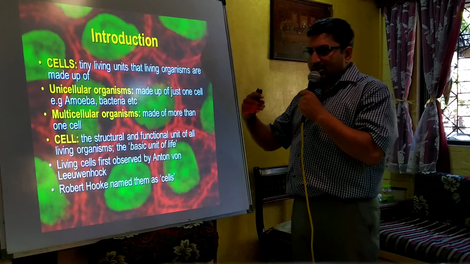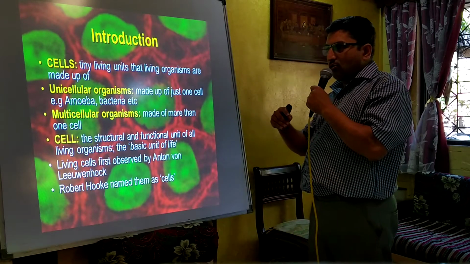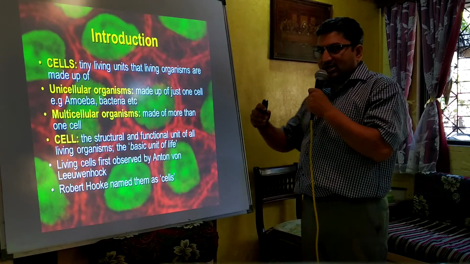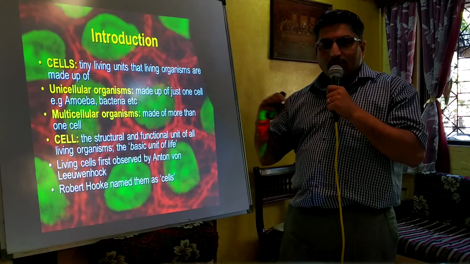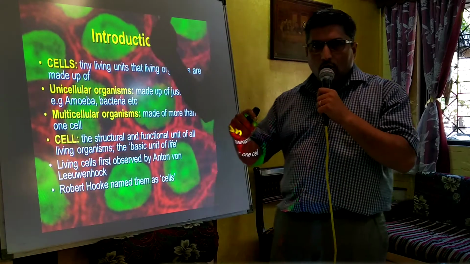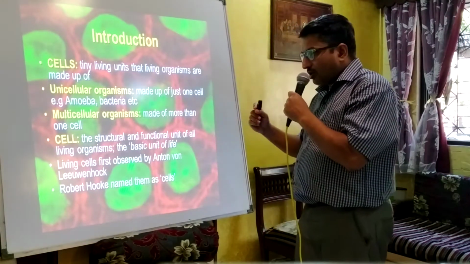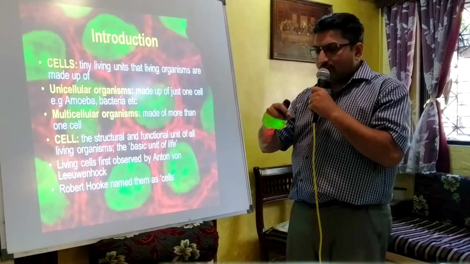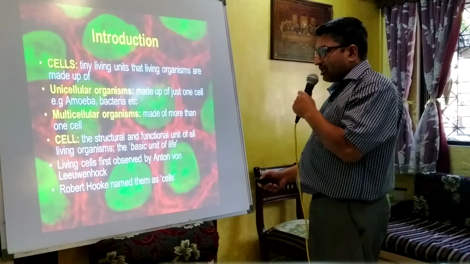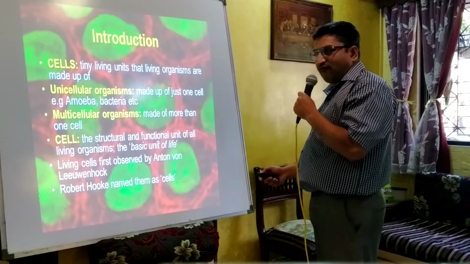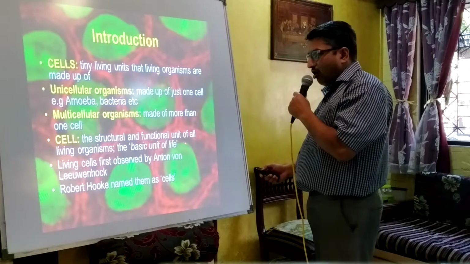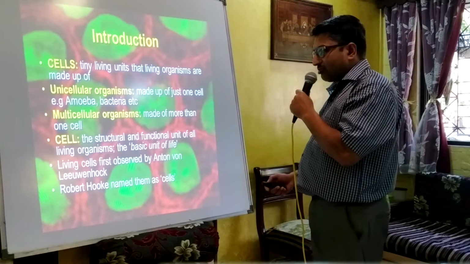Moving from unicellular organisms, we go to multicellular organisms, just like all of us. In multicellular organisms, the whole organism is made up of millions of cells. So what is a cell? A cell is the structural and the functional unit of all living organisms.